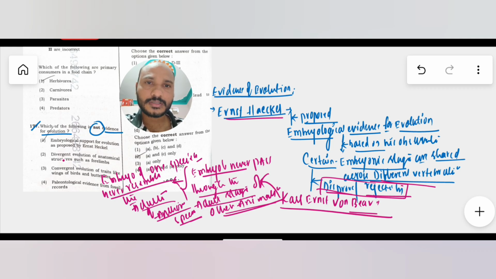So here we have divergent evolution of anatomical structures, and also divergent evolution and convergent evolution. Divergent means homologous organs, and convergent means analogous organs.